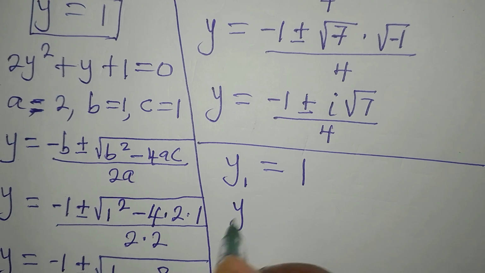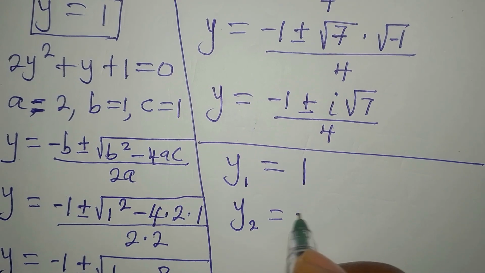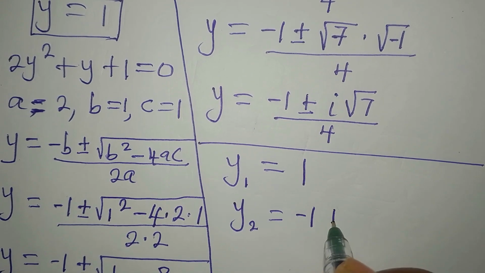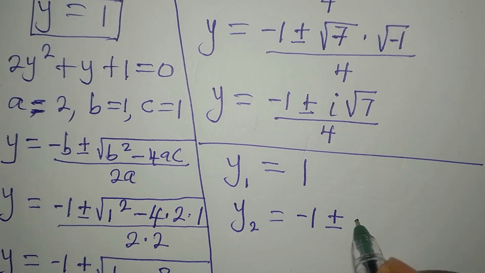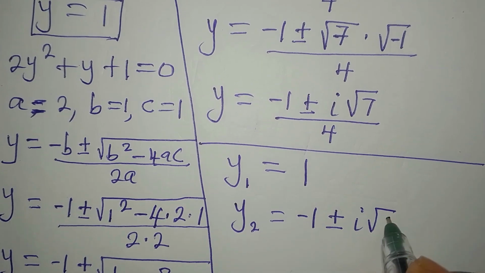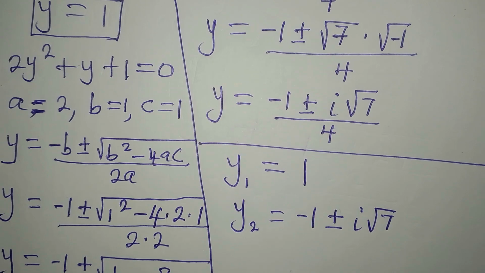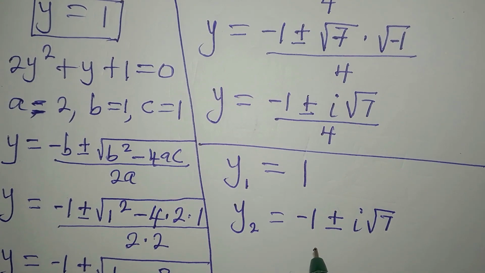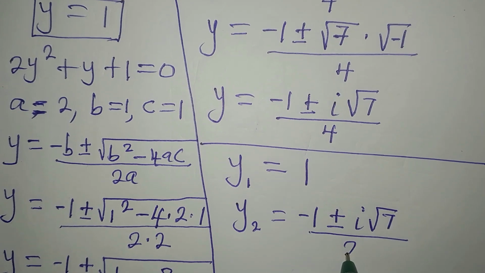Then the second is y2, and that will be minus 1 plus or minus, we have i square root of 7, and this is over 4.